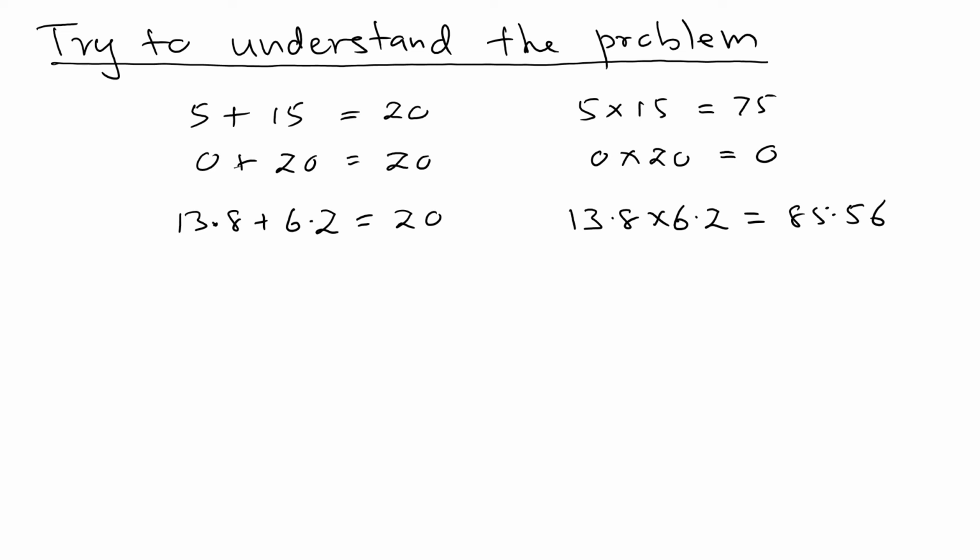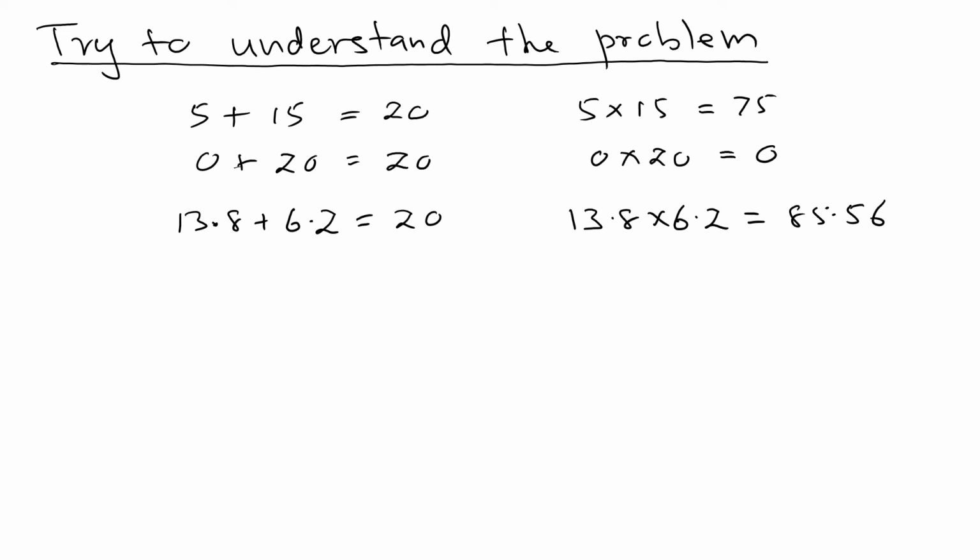So there are a lot of different variations. Sometimes you get 0, 75, 80, 85.56. There are infinitely many choices for those numbers, because they can be decimals, so infinitely many choices add up to 20. That means it's not obvious what you're going to get.